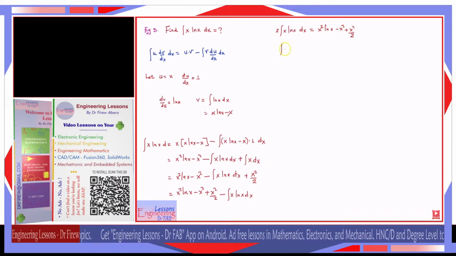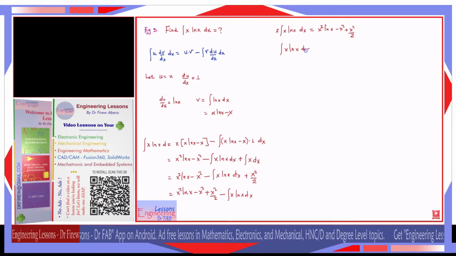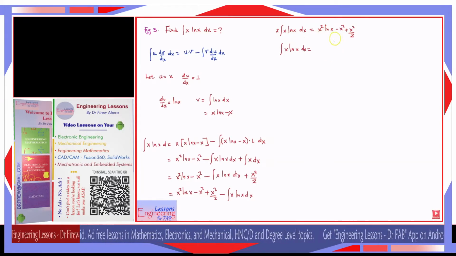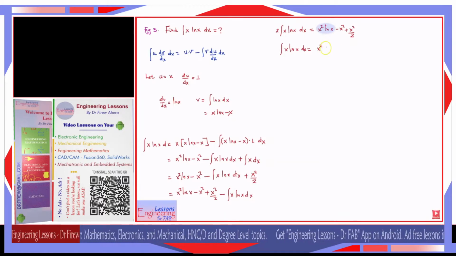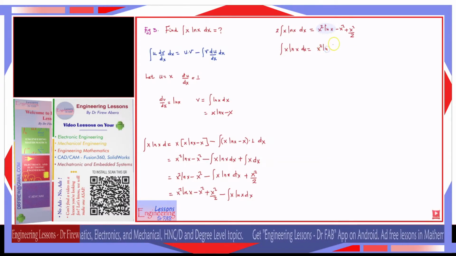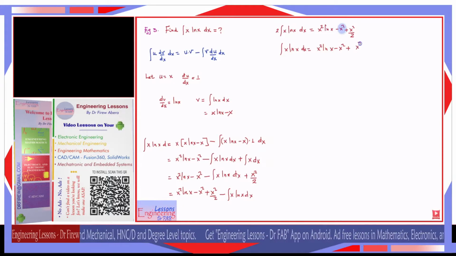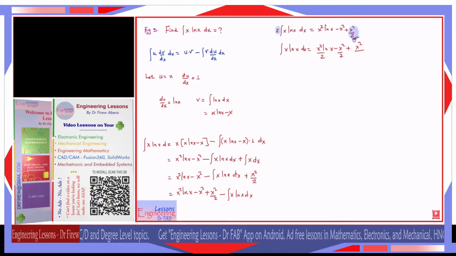So therefore the integral of x ln x dx equals that whole expression divided by 2. So this will be x squared ln x minus x squared plus x squared over 2, divided by 2, and because we have 2, 2 times 2 will be 4, so divided by 4.